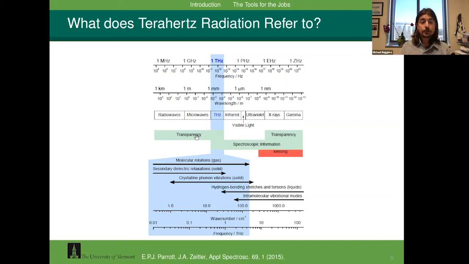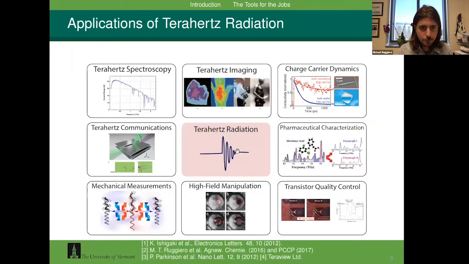So you can do measurements through walls, or through packaging. There are lots of security applications. Putting terahertz scanners in airports is one area of research. On the other side, you can do what's called spectroscopy, and that's what I'm going to talk a lot about. So I'll hold off for a second there.